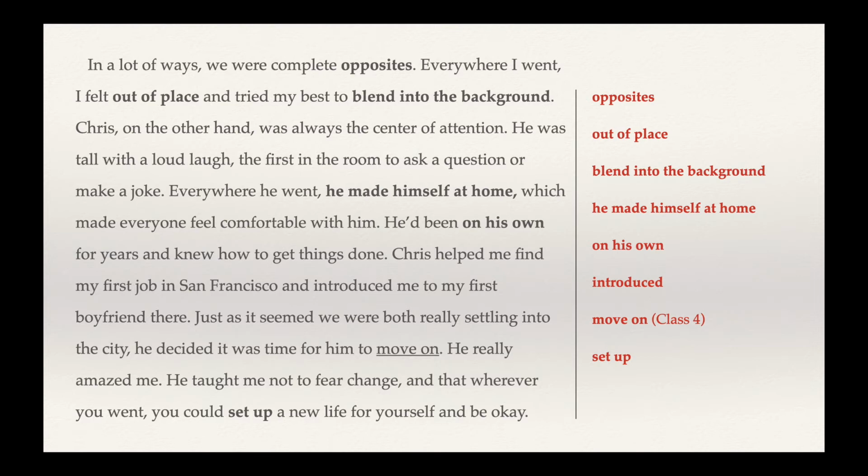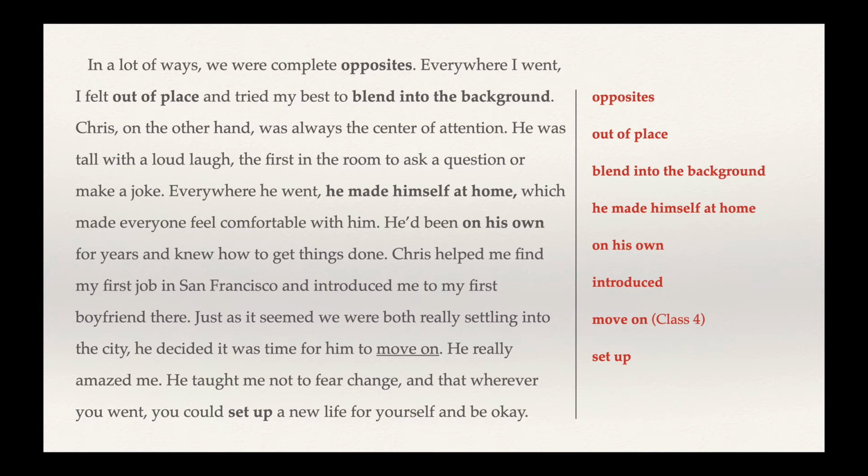The next sentence says he'd been on his own for years. And this is another phrase, on his own, on my own, on your own. That means by yourself. He knew how to get things done. And then it gives some examples of how Chris helped her. Chris helped her to find her first job, introduced her to her first boyfriend. So introduced, you can guess what this means if you don't know this already.